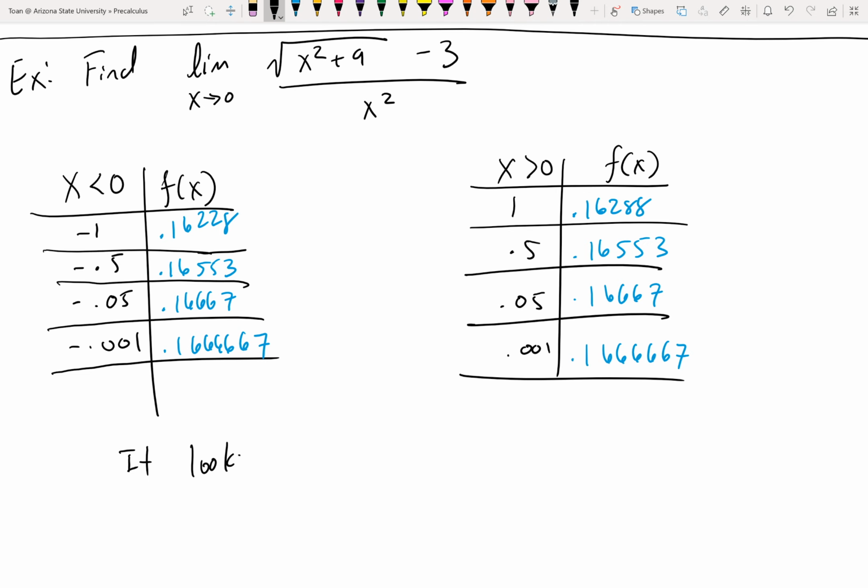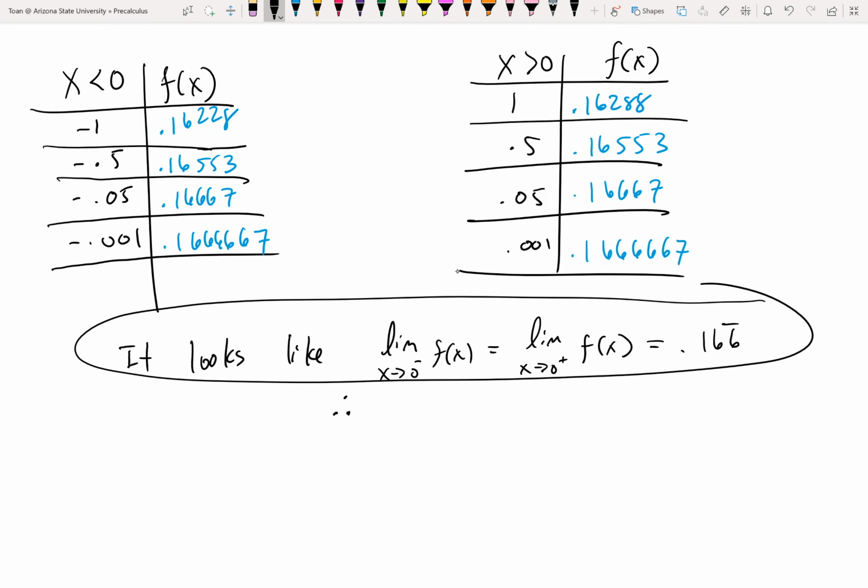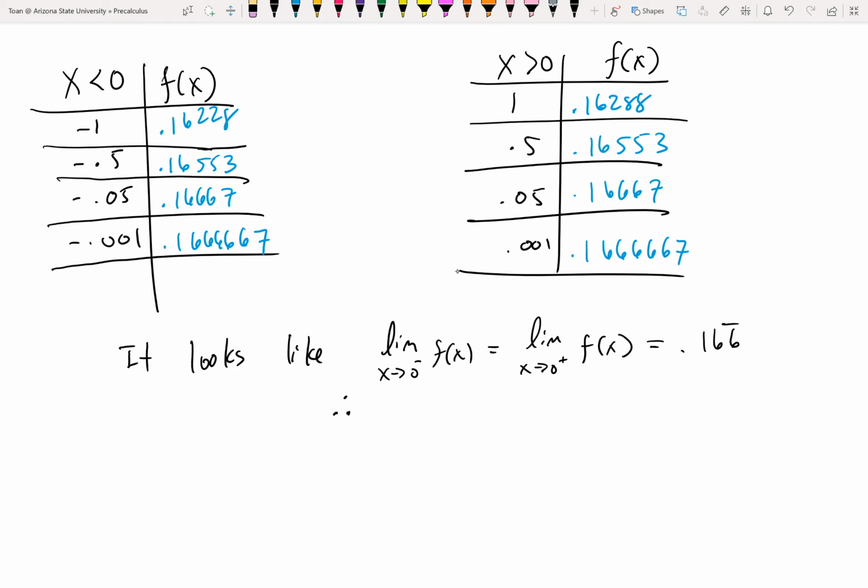It looks like the limit as x approaches 0 from the left is the same as the limit as x approaches 0 from the right, which equals 0.166 repeating. Therefore, we can conclude, again, this line here is extra, I'm putting it for the notes, you don't really have to write it. This is what you need to write down, that the limit as x approaches 0 of f of x is 0.16 repeating, we should know repeated decimals, is 1/6.